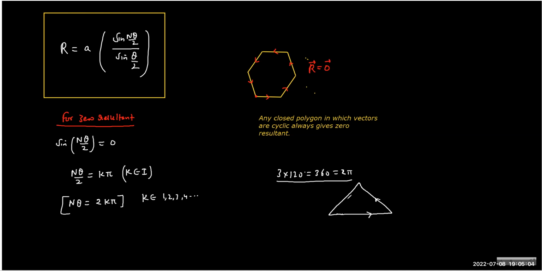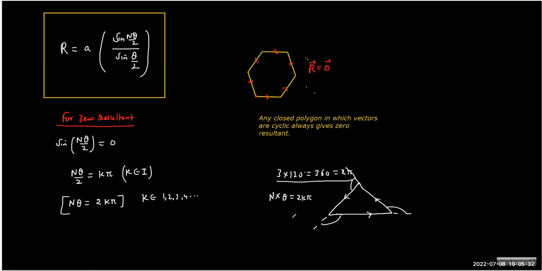A, B, C, 120, 120, 120. You can see the angle. So n into theta, where n is the number of sides. If theta times n is 2k pi, like any multiple of pi, the answer will be 0 because it is going to form a closed polygon.